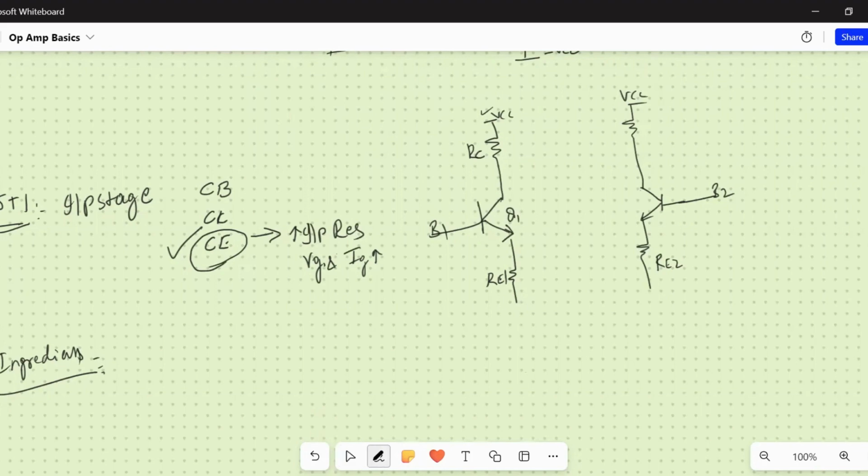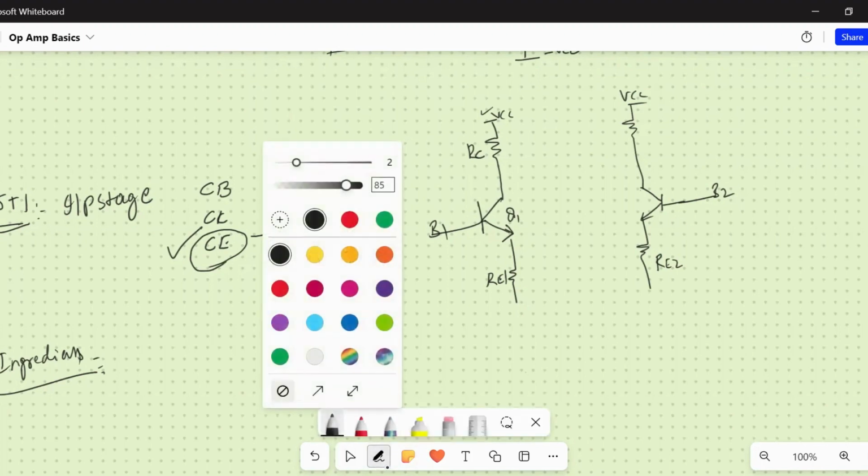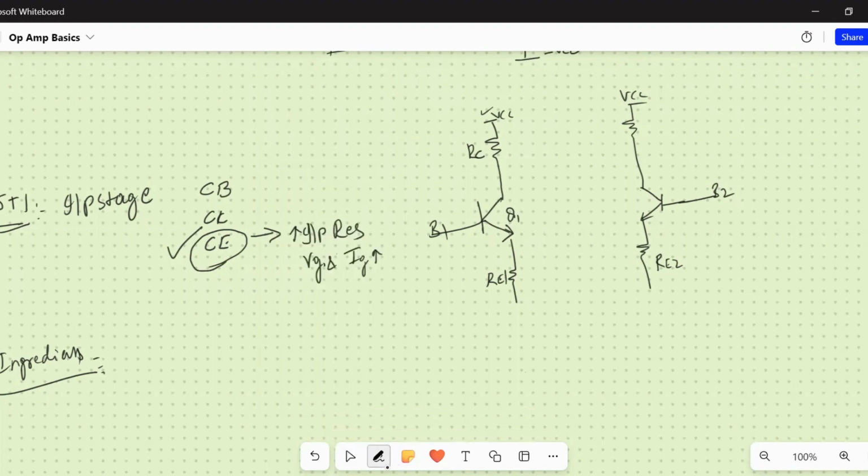Let us rearrange these two configurations in this way. So let us take this, let us connect these two.